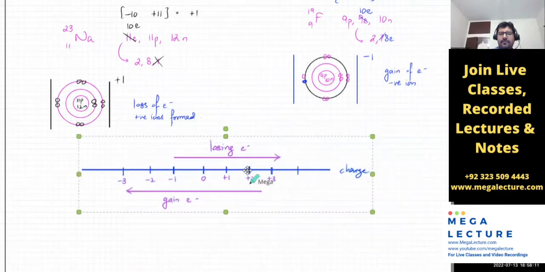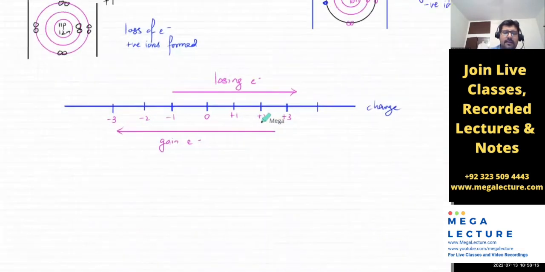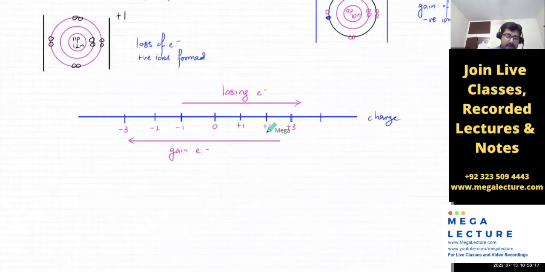So let's write down a few electronic configurations. I've got Al 3+, with numbers around it, 13 and 27. First thing, how many protons does it have?